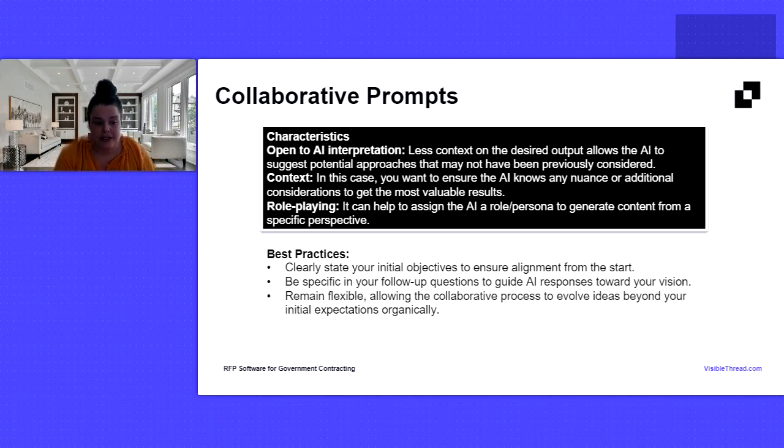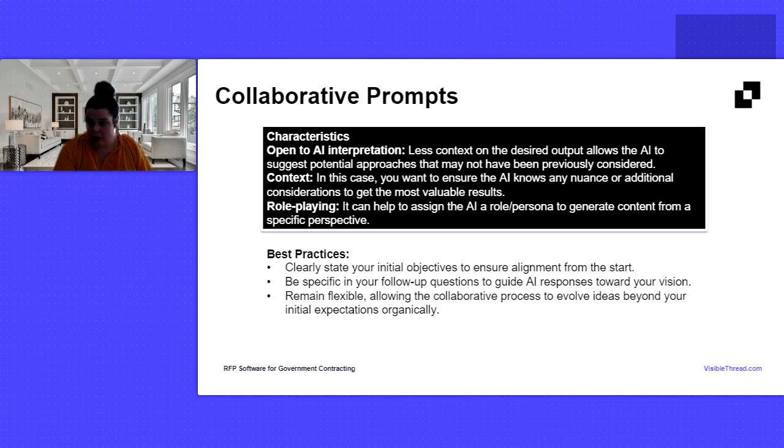Best practices here, things to remember: clearly state initial objectives, make sure you're aligned. Think about this in real world terms. If you were going into a session looking to expand on ideas and brainstorm or workshop, you state clear objectives in the front end to make sure that everybody's on the same page and everything that you're generating is going to be relevant.